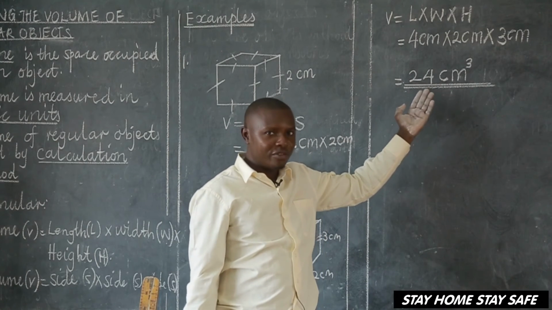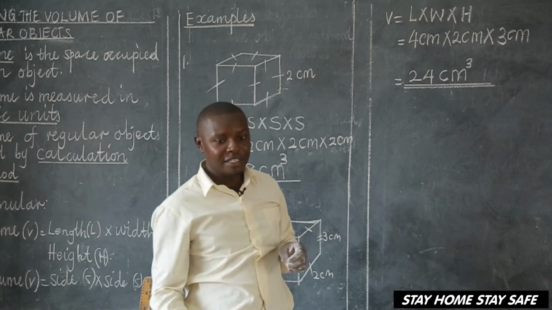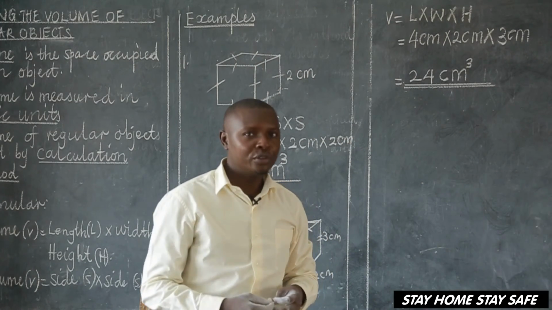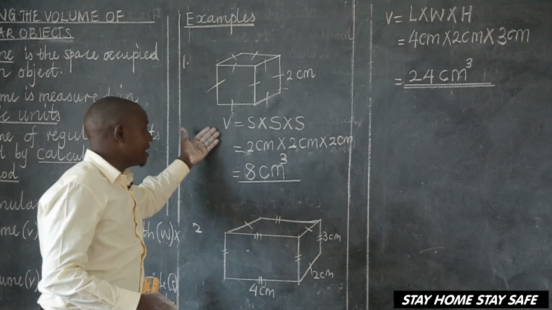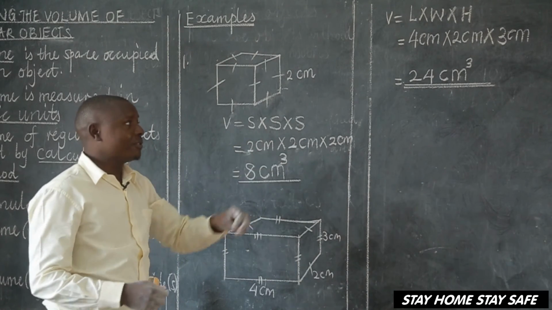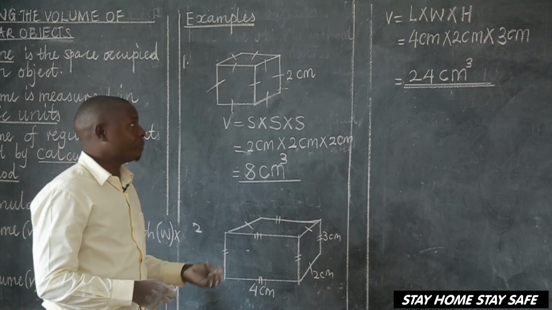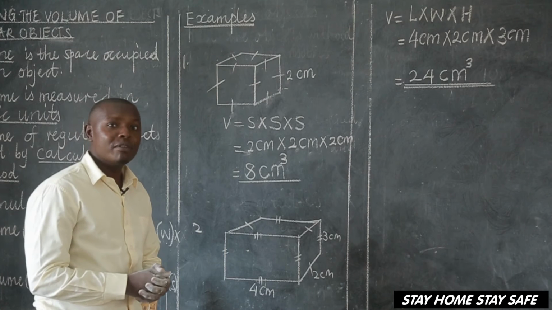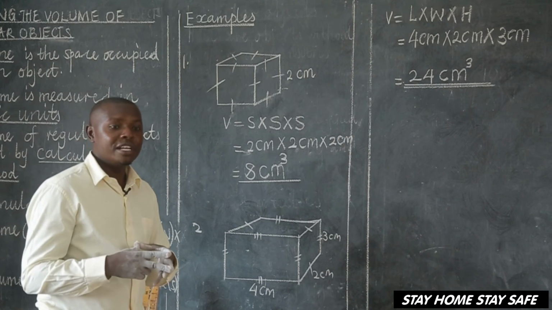So these are the examples that we are going to follow. You check the formula and the steps, and later you'll calculate some numbers that I'm going to put on the blackboard, and when I come back we shall do the correction.